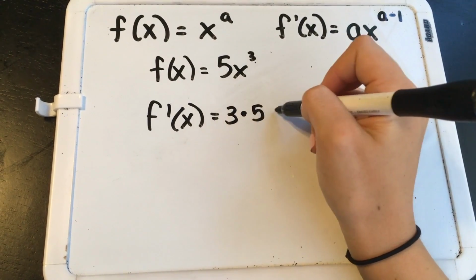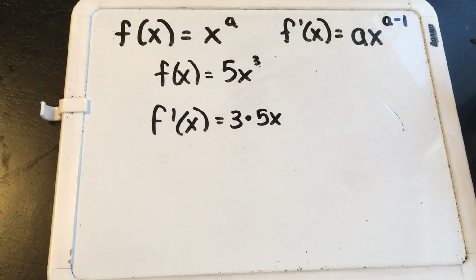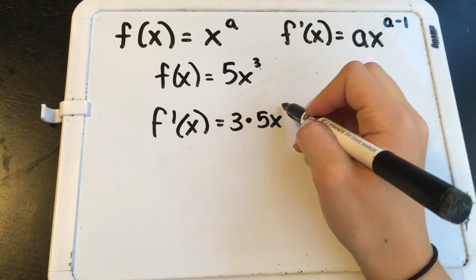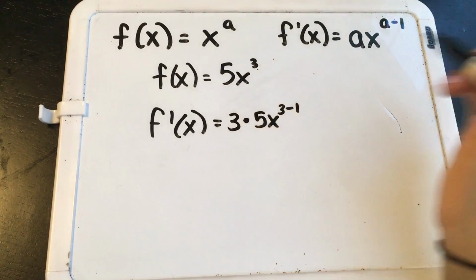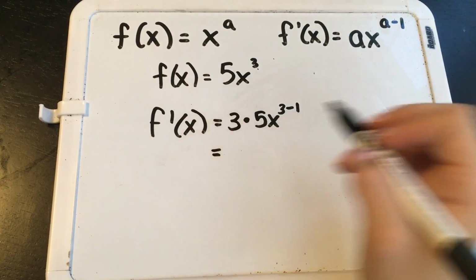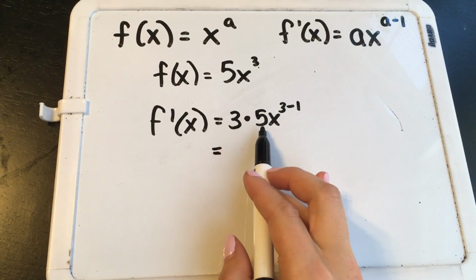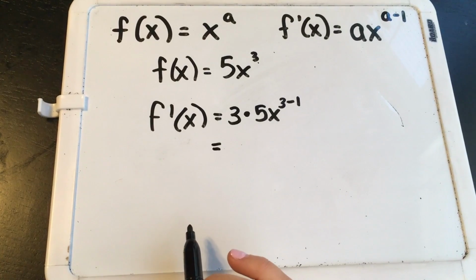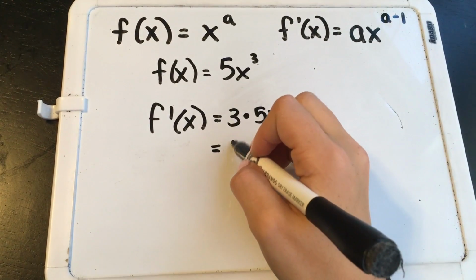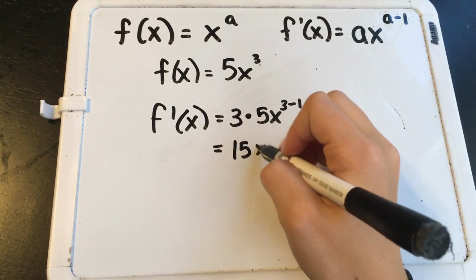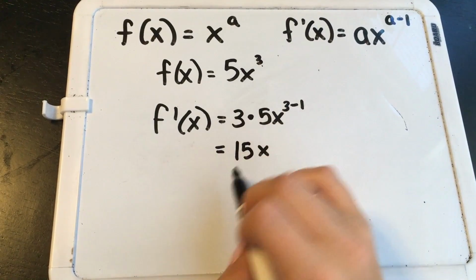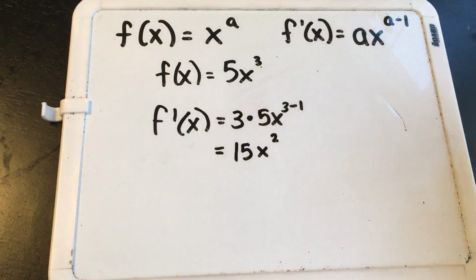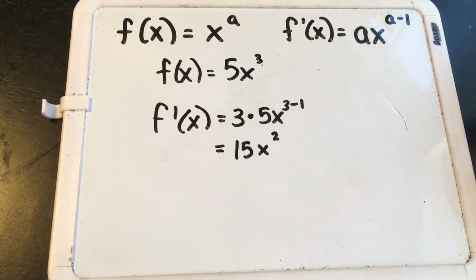The 5 is going to stay there. And then our exponent becomes 3, decrease it by 1. And this equals 3 times 5. We can combine these terms because it's just multiplication. 3 times 5 is 15. X raised to the 3 minus 1, 2. 15x squared.